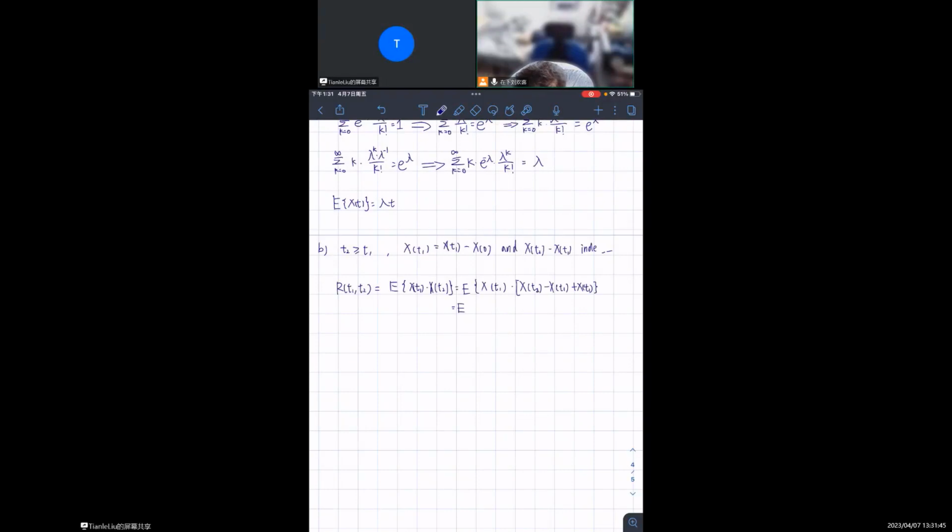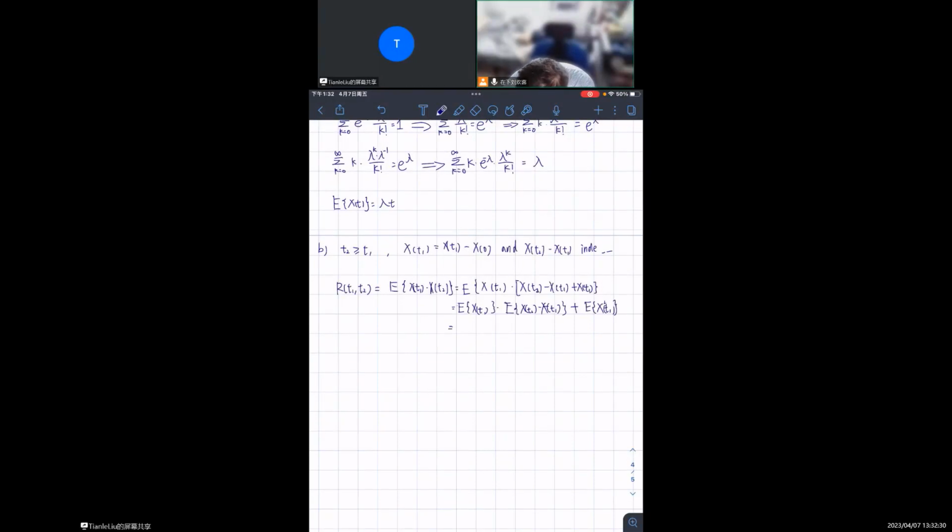So we can separate it, which will equal the expected value of x_t1 multiplied by the expected value of x_t2 minus x_t1, plus the expected value of x_t1 squared.